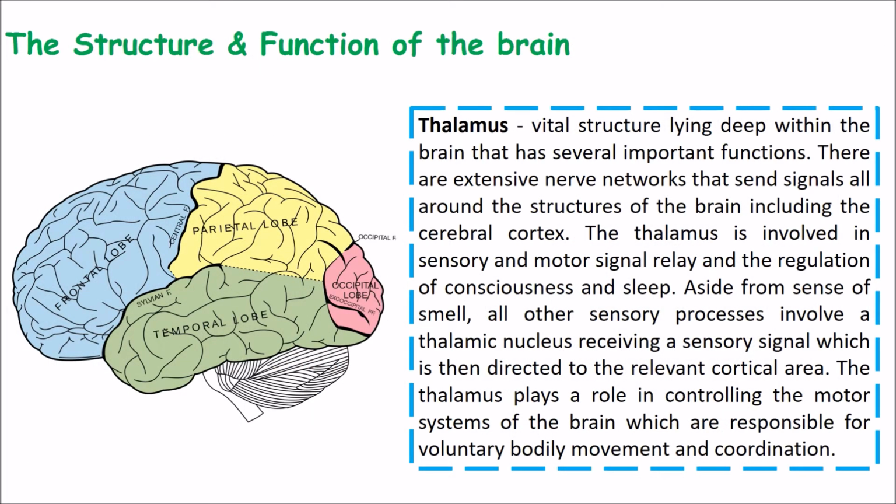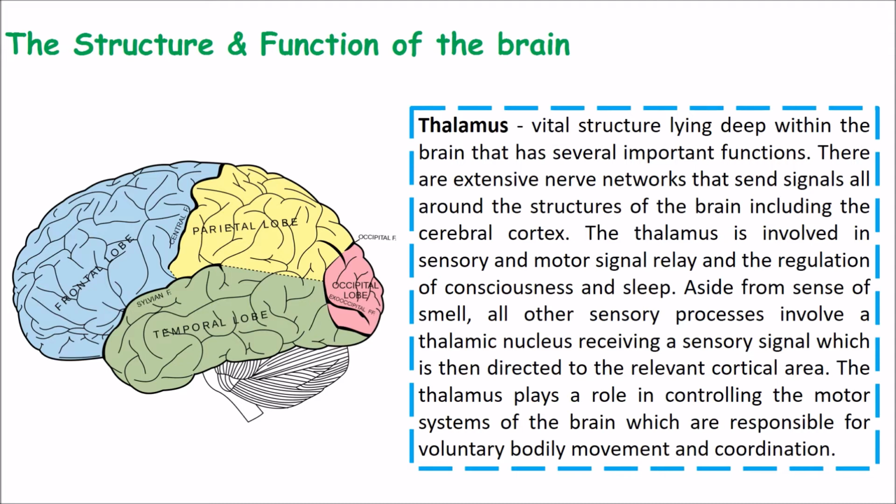So, the thalamus is a vital structure lying deep within the brain that has several important functions. There are extensive nerve networks that send signals all around the structures of the brain, including the cerebral cortex.